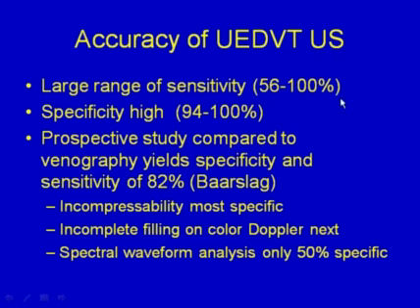There's a large range of sensitivity, but the specificity, if you see a clot, is very high. A prospective study compared to venography yields a specificity and sensitivity of about 82%. Again, our compression exam is the most specific, incomplete filling on color is the next, and lastly, the spectral waveform analysis is only about 50%.